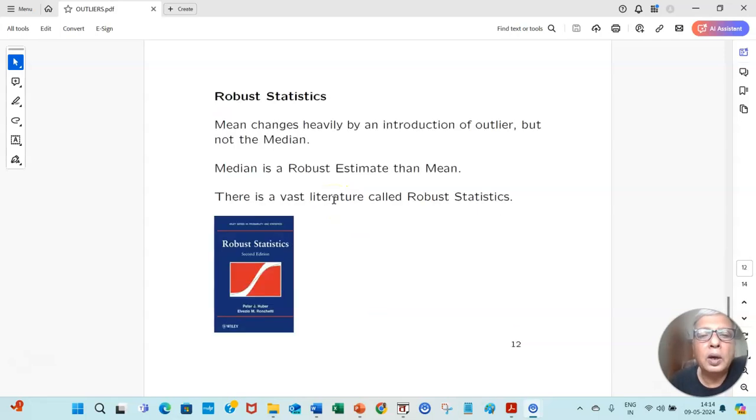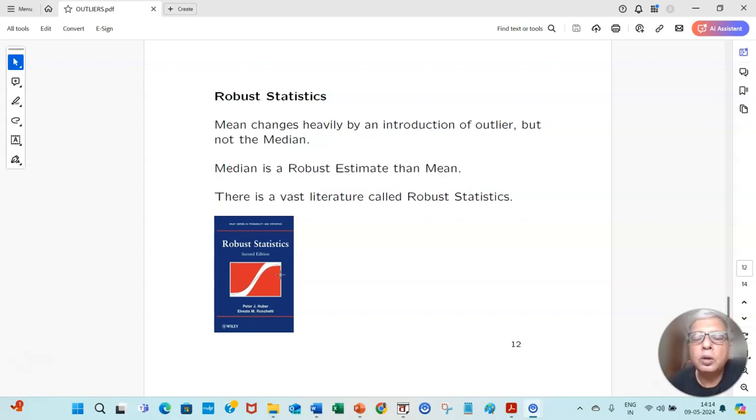How to handle outliers? There is a vast statistical literature called robust statistics. Books are available on it that talk about robust estimators and robust statistical testing that work in the presence of outliers.